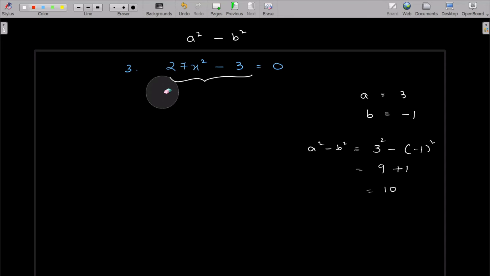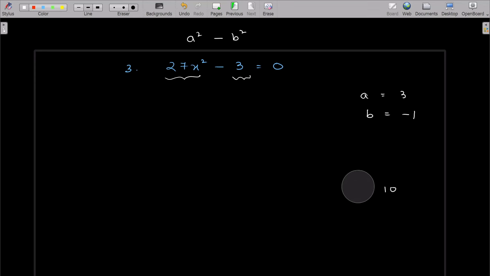So you need to think of a number whose square gives us 27x square, and b would be the number whose square gives us 3. Don't you have to factor and take 3 common? Yes, exactly. That will be your first step.